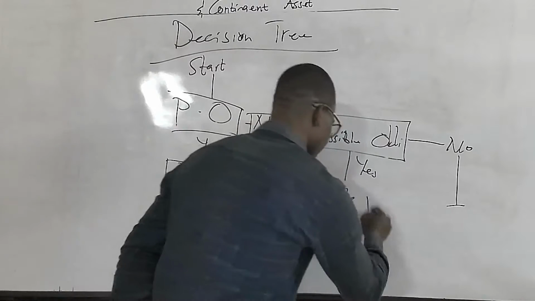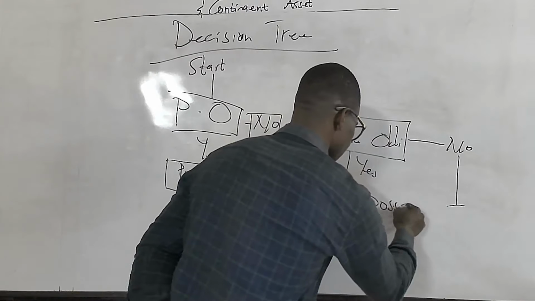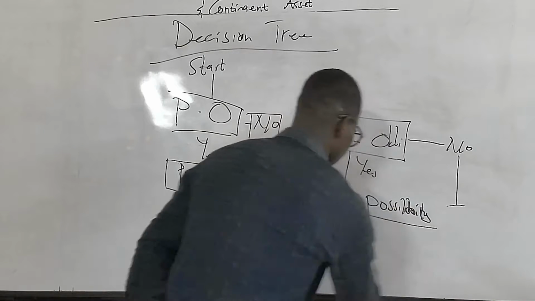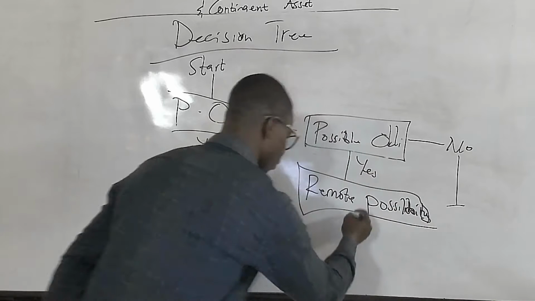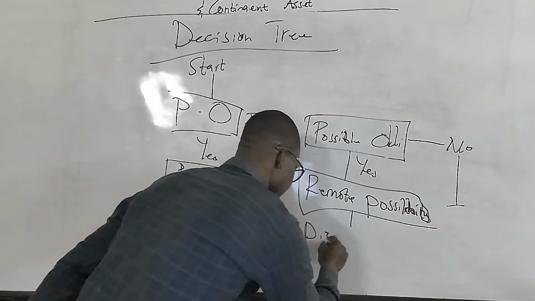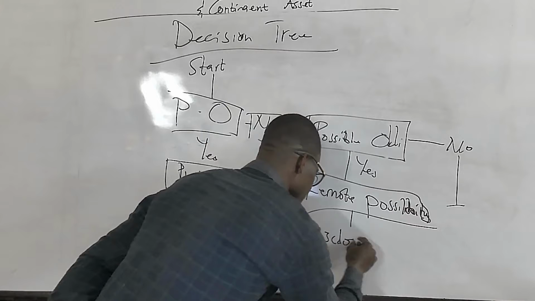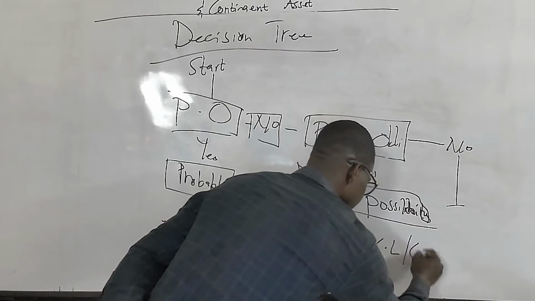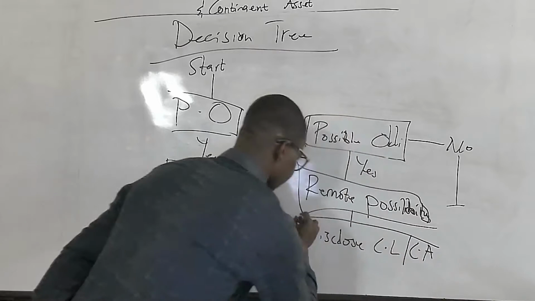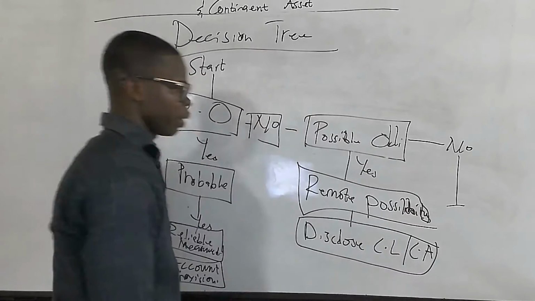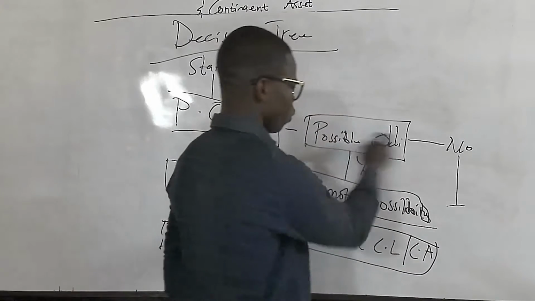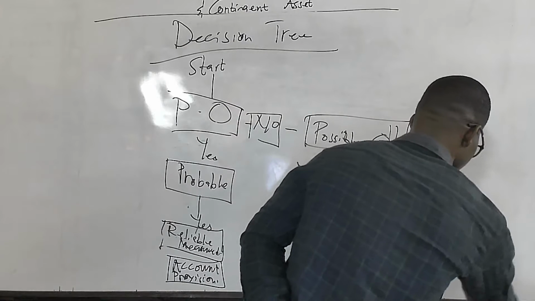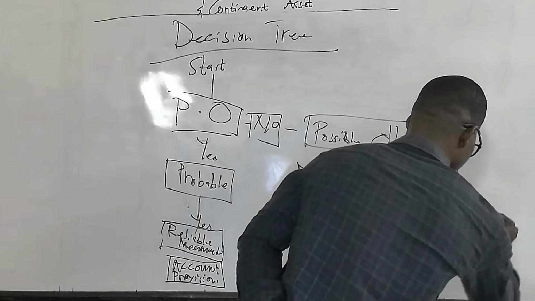So here we are looking at remote possibility. If the answer is yes, then what we do is disclose contingent liability or contingent assets. So that's the final aspect over here too. And then if there is no possible obligation, then at the last place we do nothing. So here is do nothing.